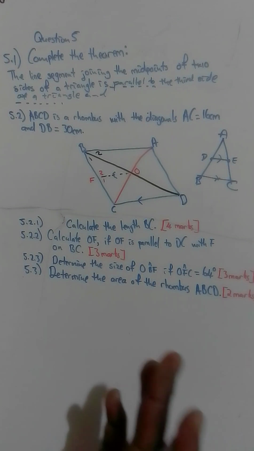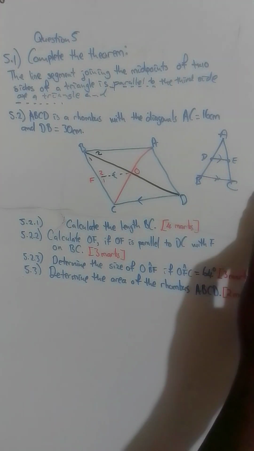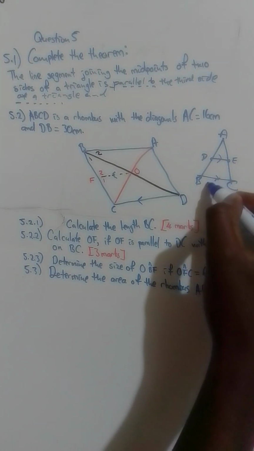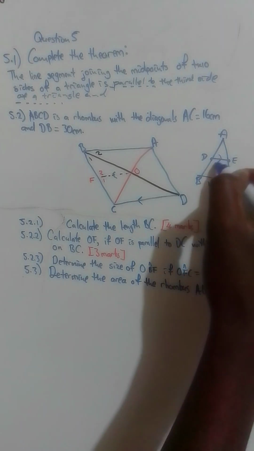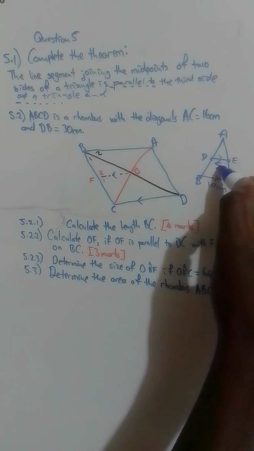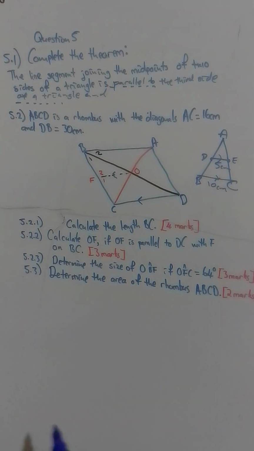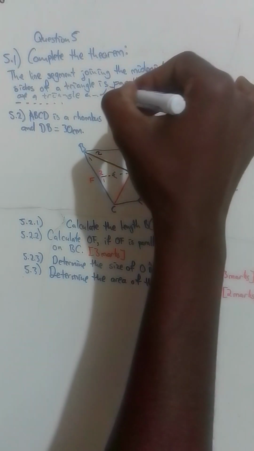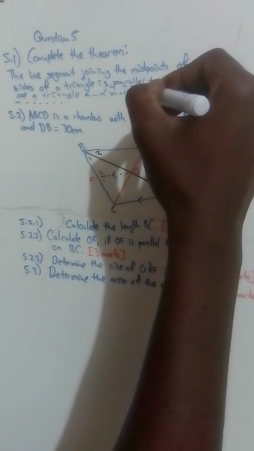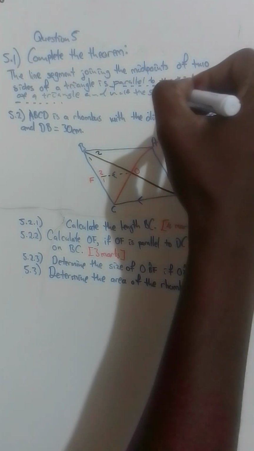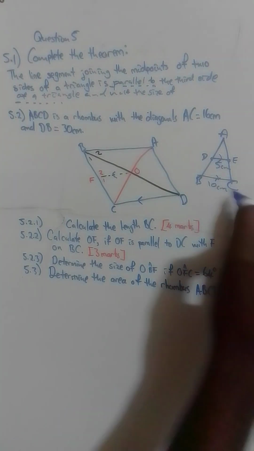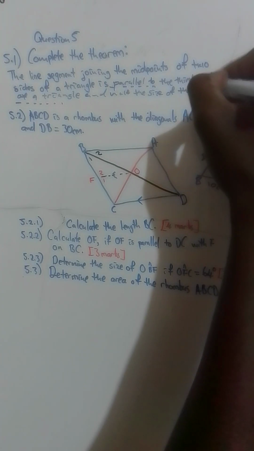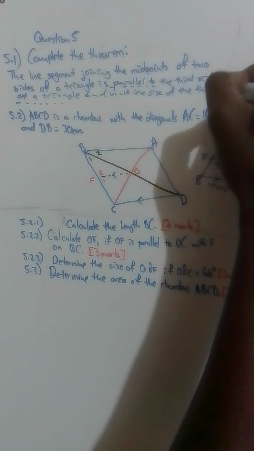The second thing, we know that line DE is half. So if BC is 10 centimeters, DE will be half of line BC. So line DE is half the size of the third side.